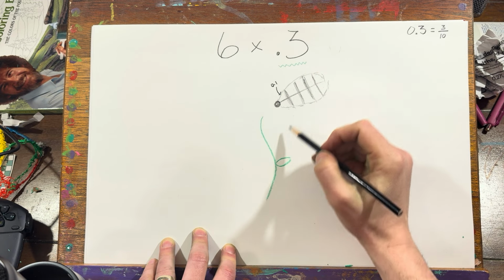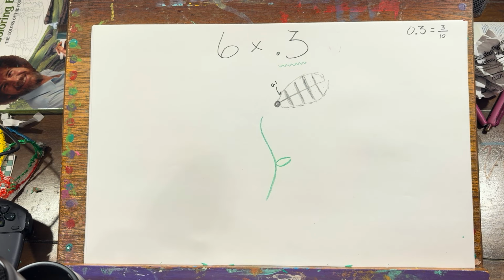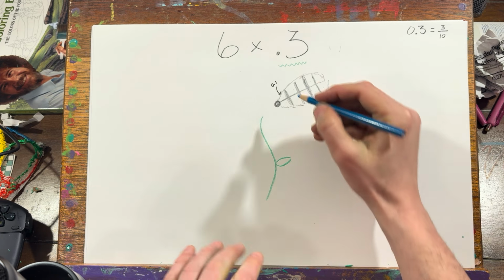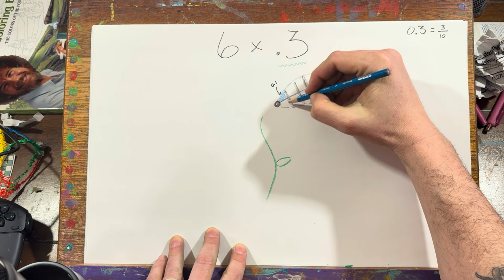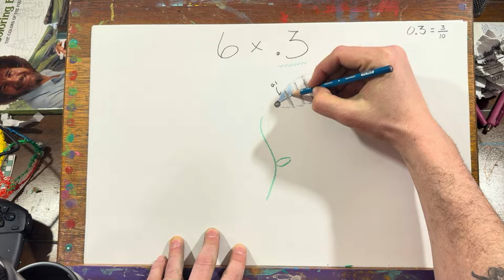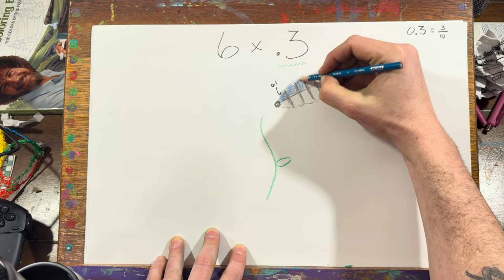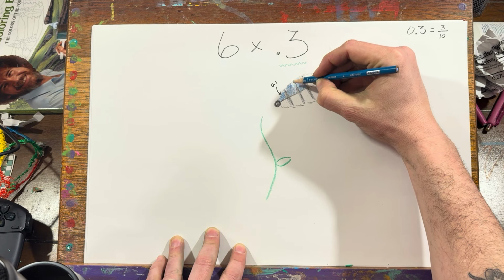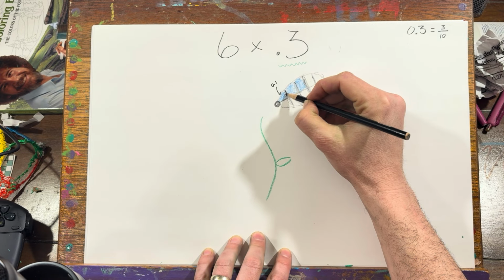So in order to have a flower that has 3/10 of a petal on it, I can color in 1/10 of the petal, 2/10 of the petal, and 3/10 of the petal. This piece is 1/10.